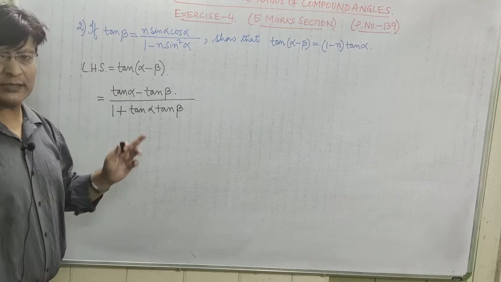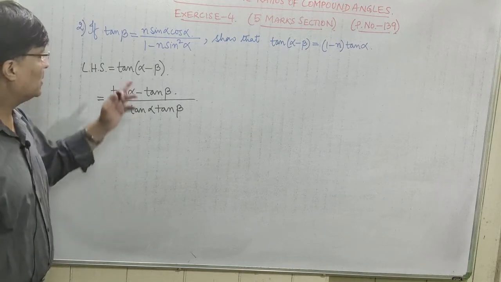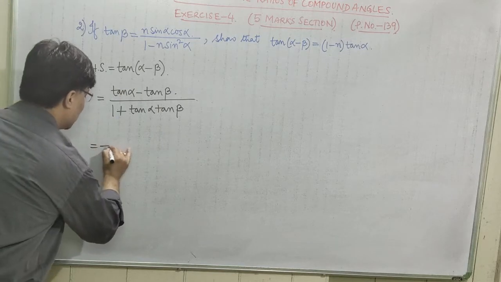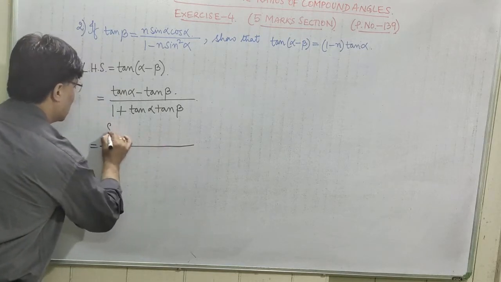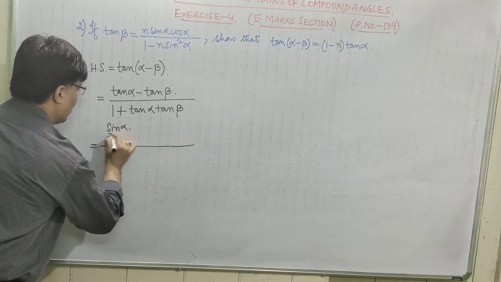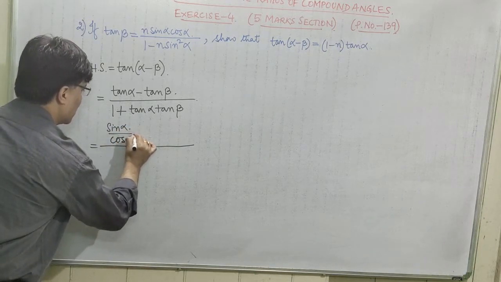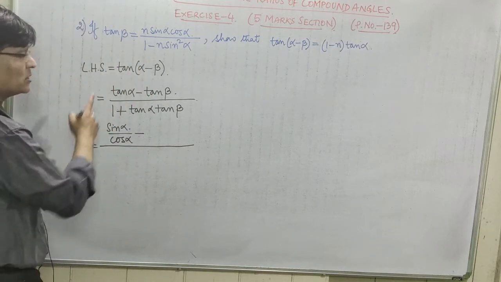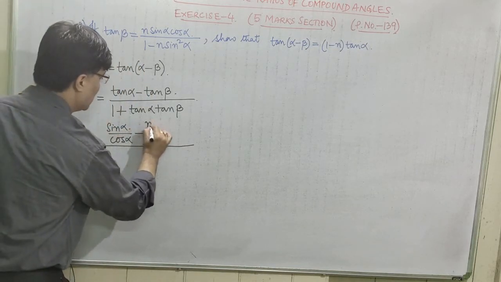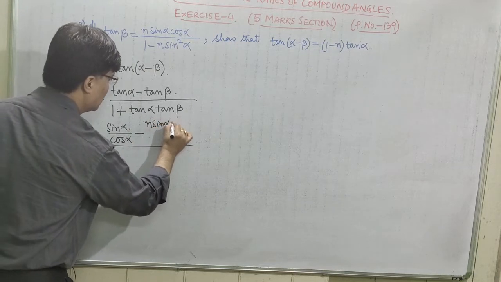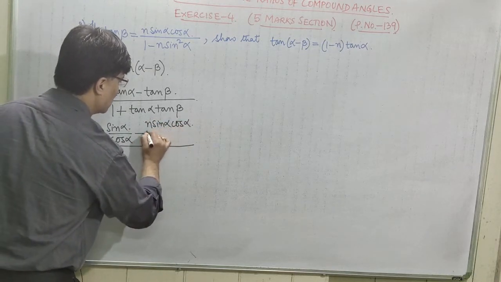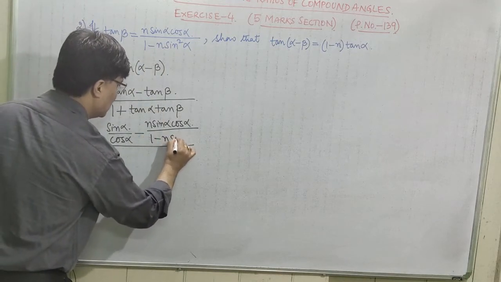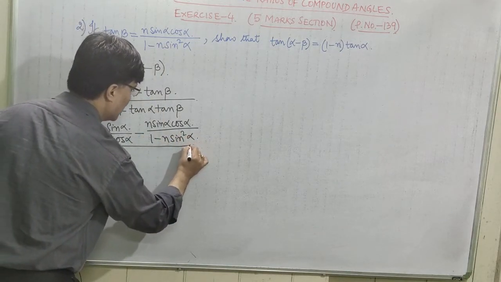This is the formula, tan a minus tan b upon 1 plus tan a tan b. Here a is alpha and b is beta. So instead of tan alpha, what will you write? It is sin alpha by cos alpha minus, and instead of tan beta, write down the given value. What is the given value for tan beta? It is n sin alpha cos alpha divided by 1 minus n sin square alpha.